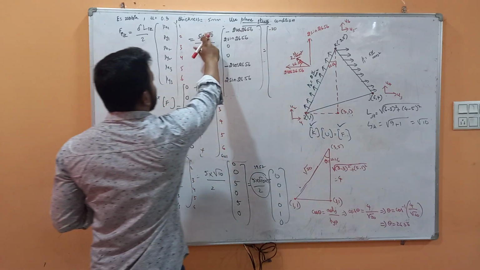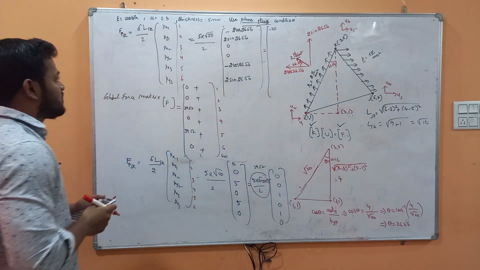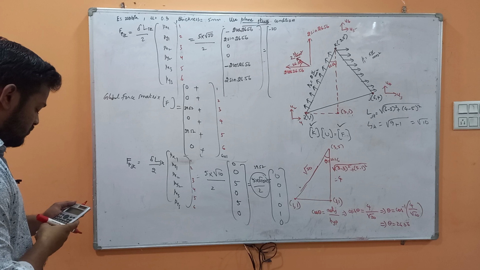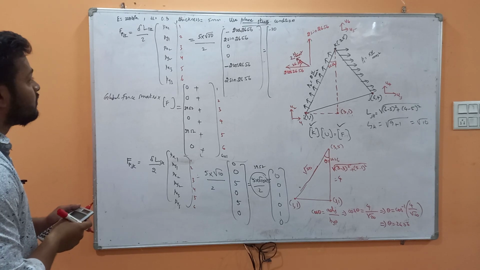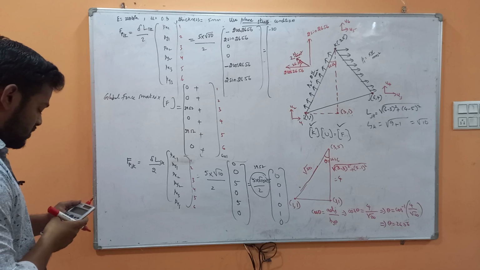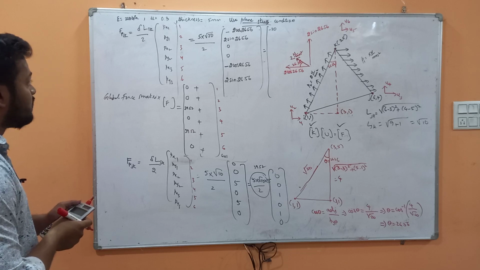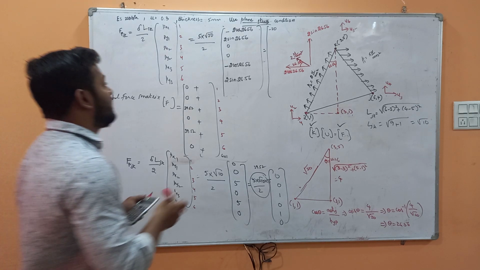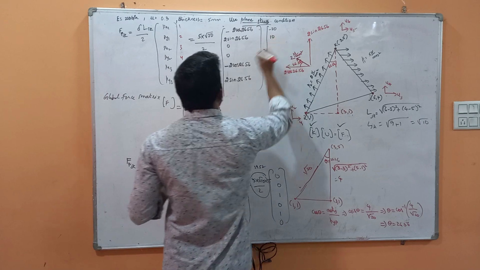The second value, 5 into root 20 by 2 into 2 sine 26.56, comes out to be 10.